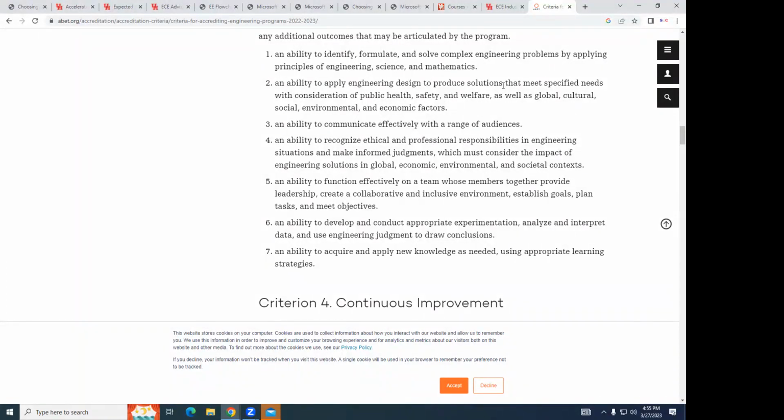The entire university is accredited by something called SACS, Southern Association of Colleges and Schools. And we have to report to them too, although it's a lot less onerous. We just give them some data that we got from our ABET evaluation. But all these things are going on behind the scenes.